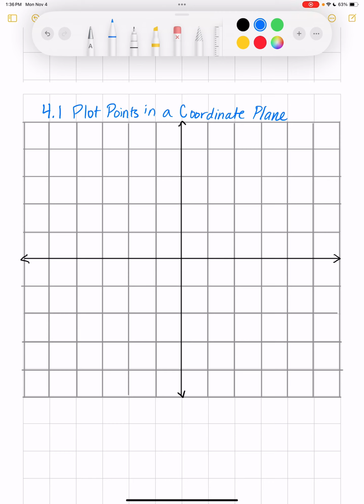So up here, this one on the top right is quadrant 1. Top left is quadrant 2. Bottom left is quadrant 3.